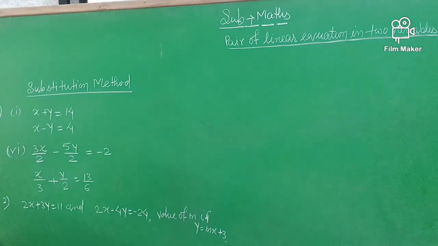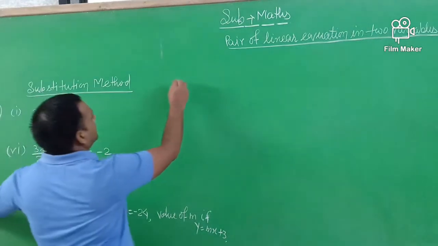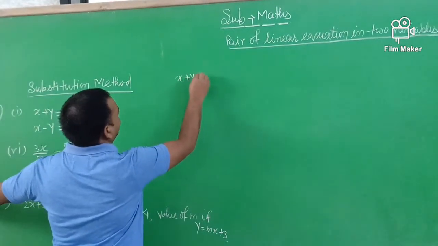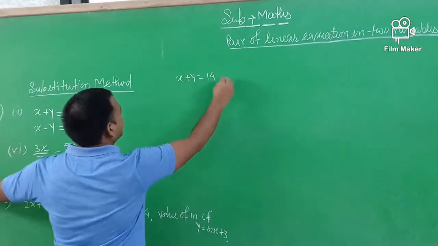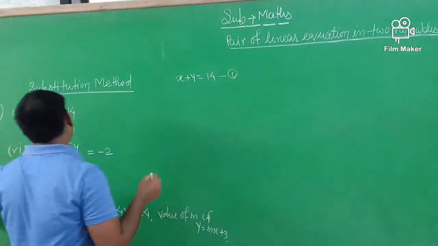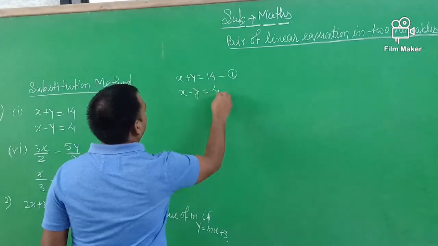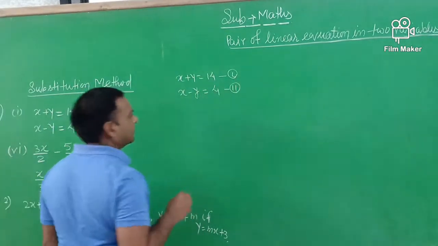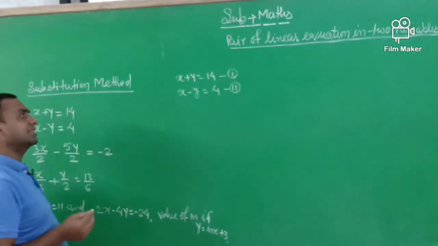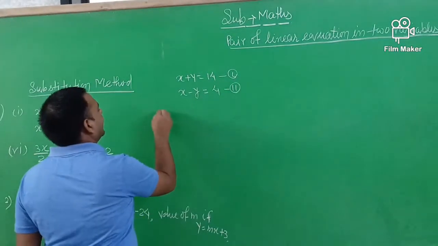First question: x plus y is equal to 14. Say it is equation number first. And the second equation is x minus y is equal to 4. I say this is the second equation. From the first equation you find the substitute of x or y.